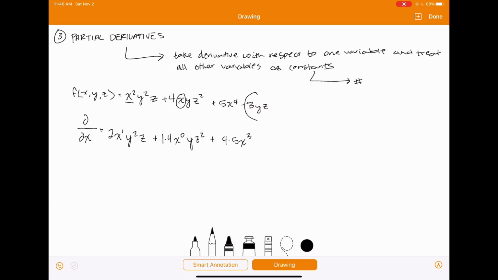And now there's no x's here, so that's just like having a whole number which goes to 0, so minus 0 on the end. Then simplify: 2xy squared z plus 4yz squared plus 20x cubed.